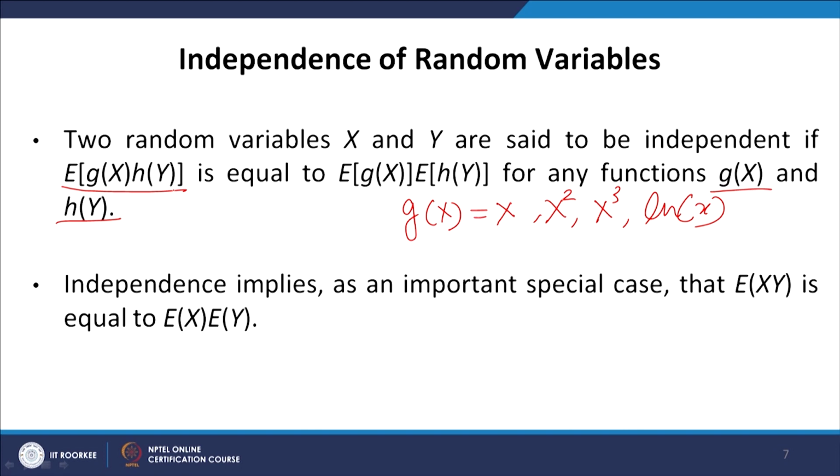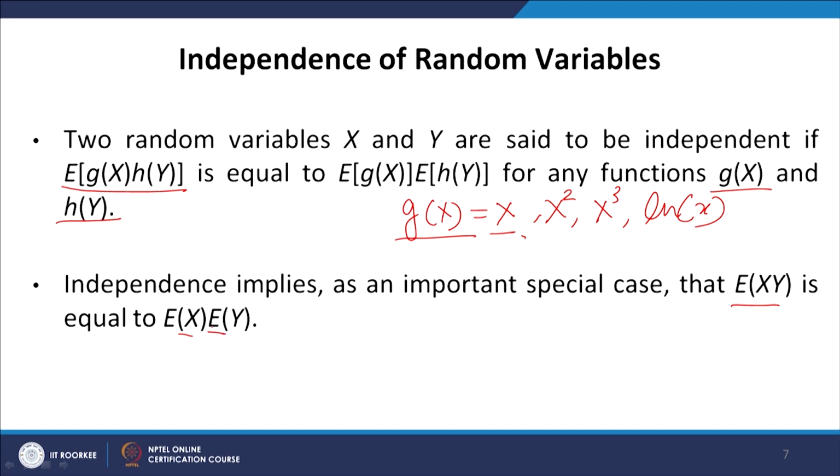Independence implies as an important special case that expected value of xy is expected value of x into expected value of y. So, basically here in this case from this generic functional form we are coming to a specific functional form which is only x. So, here g(x) is equal to x, and that is how expected value of xy is equal to expected value of x multiplied by expected value of y.